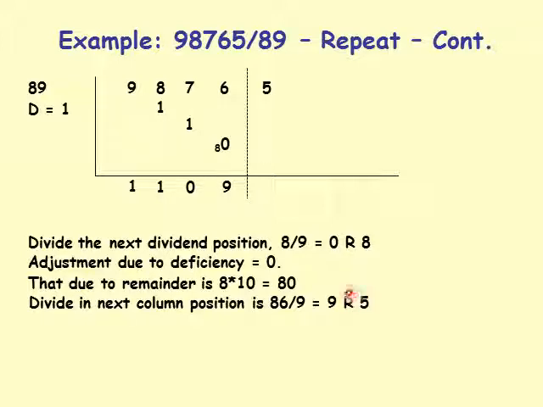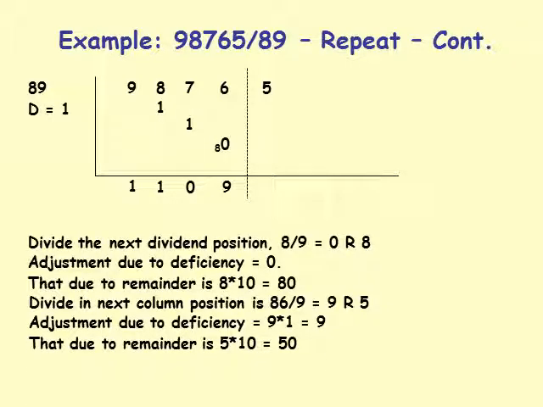So we have to make an adjustment of 50 plus 9. 9 from the quotient and 50 from the remainder, in the next dividend position. So the adjustment due to deficiency is 9 times 1 is 9, and that due to the remainder is 5 times 10. 10 is my proportionality, and its division by 9 is my second division, so 50. Okay, so I get 59 here.